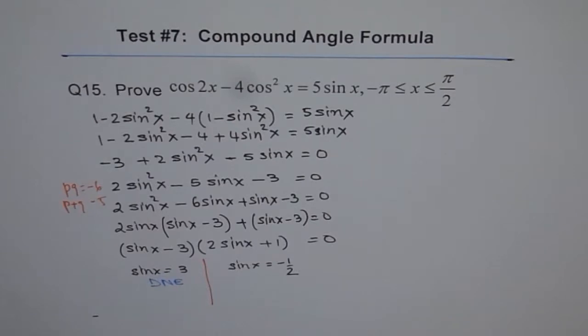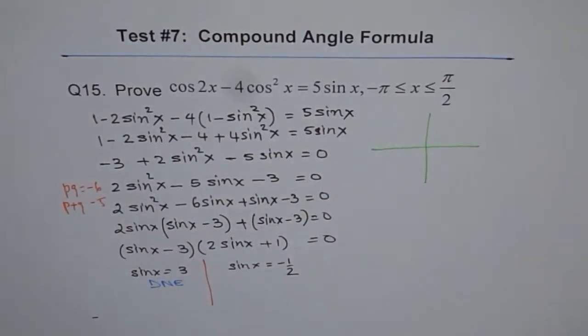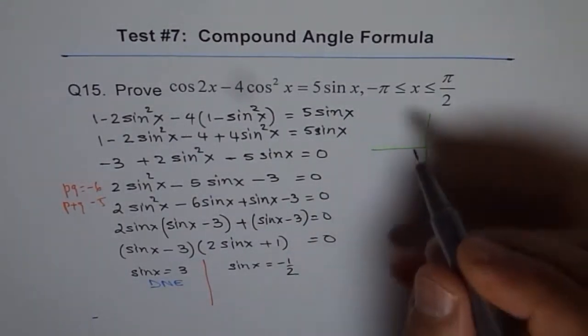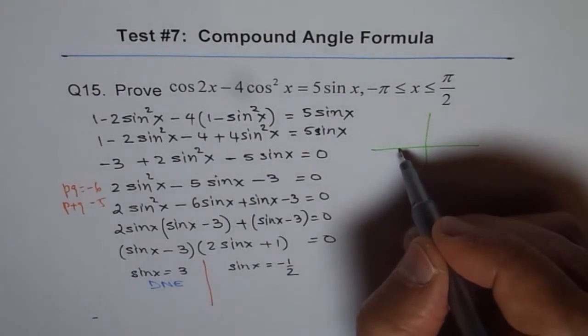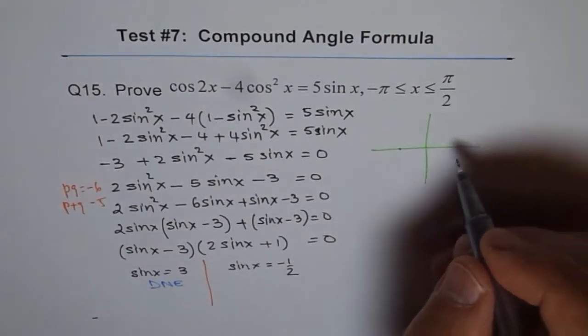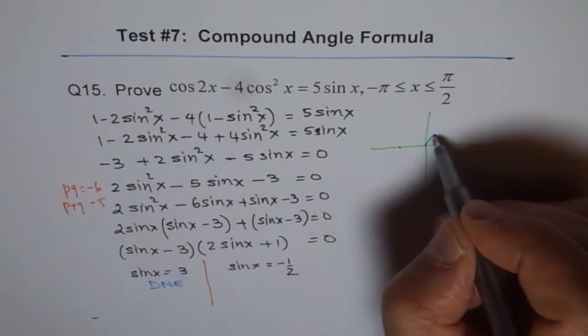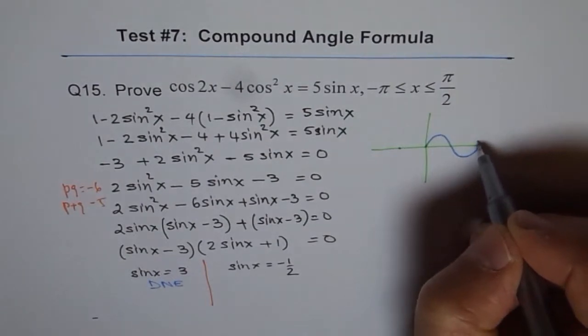Let's consider our domain now. The domain here is from minus pi to pi by 2. Think of a sine wave. Normally we draw the sine wave from 0 to 2 pi.